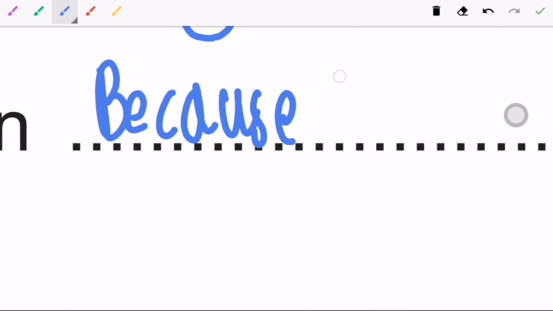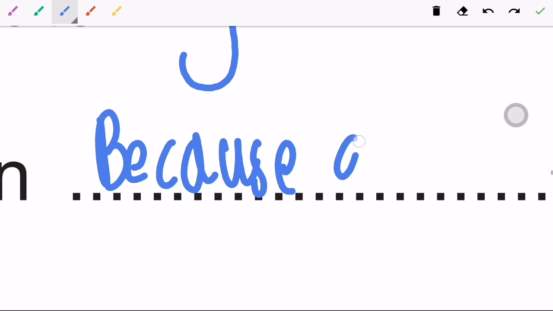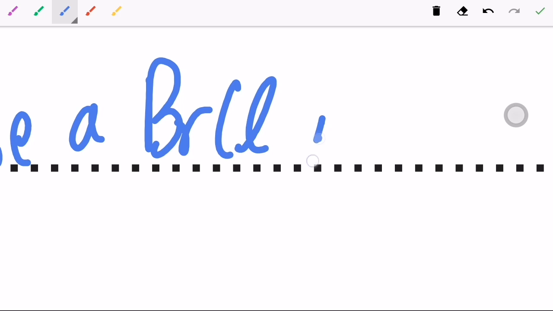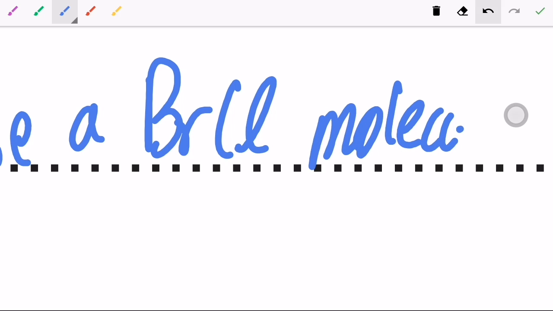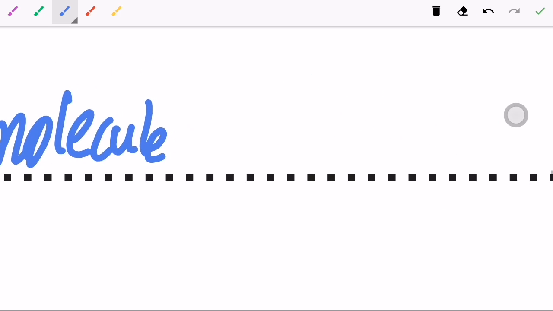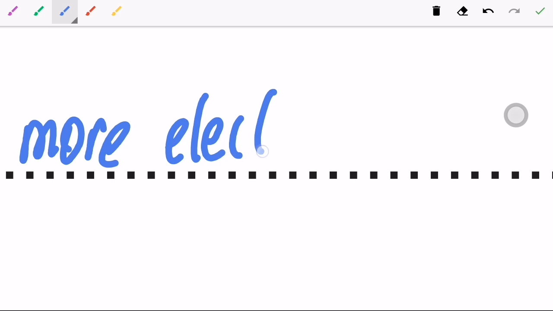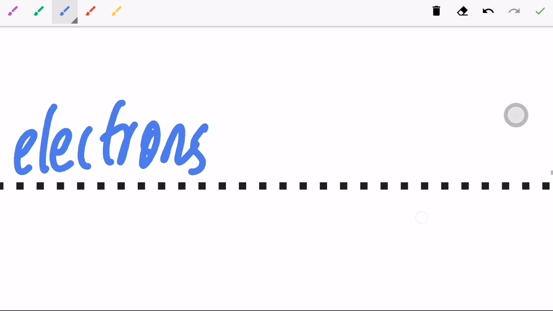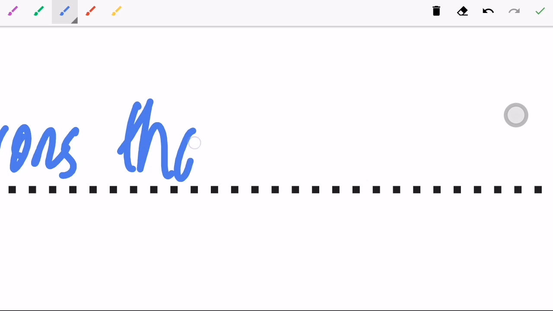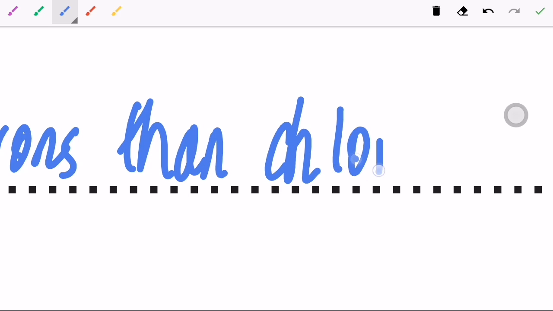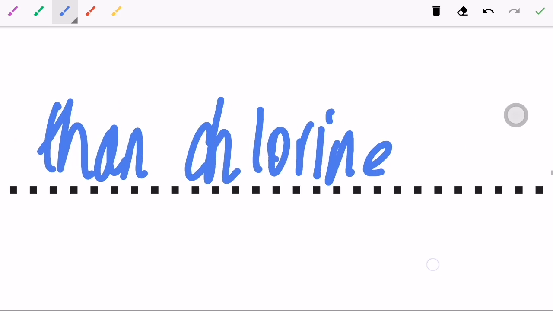the BrCl molecule has more electrons than chlorine, but fewer electrons than bromine.